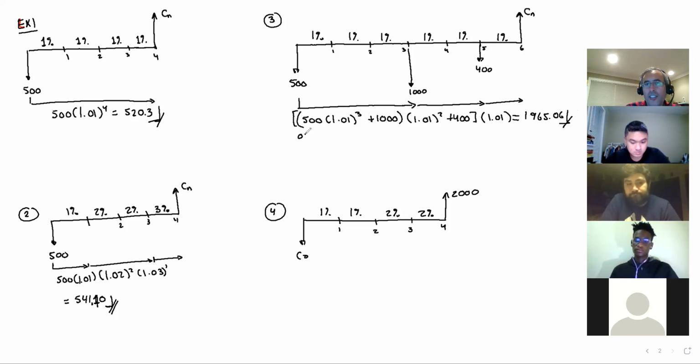So, guys, the other one, if you don't understand this part here, you can do 500. You move this to the future, 1.01 to the power 6. Okay? Plus 1,000, 1.01 to the power 3, and plus 400 times 1.01.